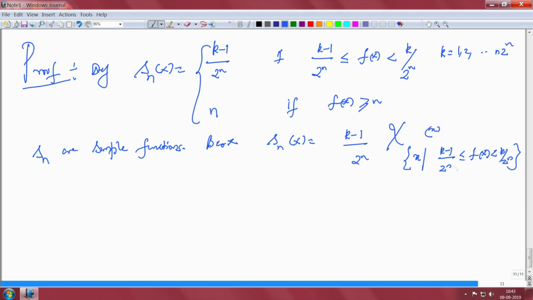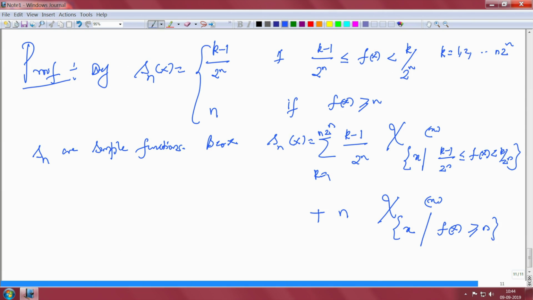If x falls in this set, then I will have 1 here and 0 in all other places, so I get (k minus 1) by 2 to the n. That is summed from k equal to 1 to n times 2 to the n, and when f is greater than or equal to n, I have n, so plus n times the indicator of the set of x such that f of x is greater than or equal to n.